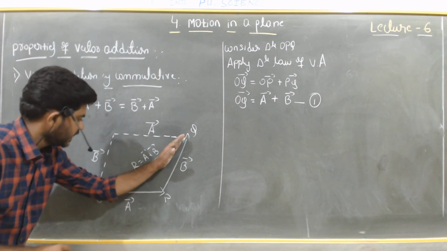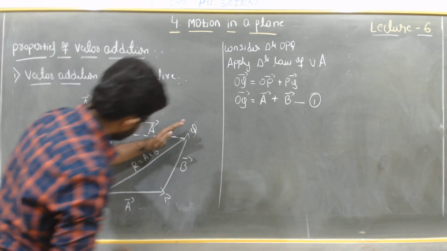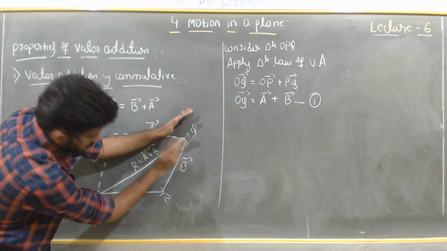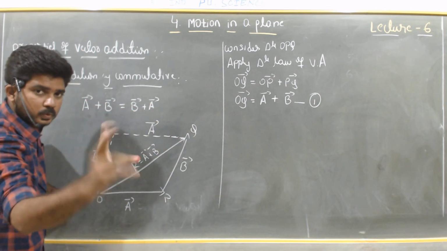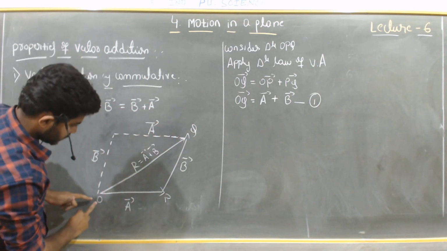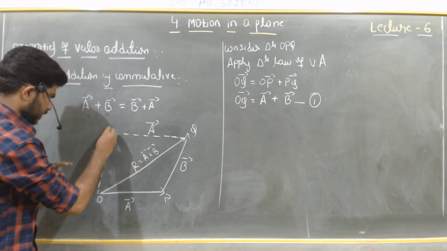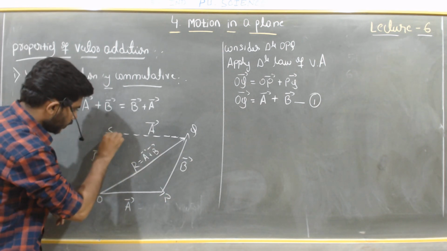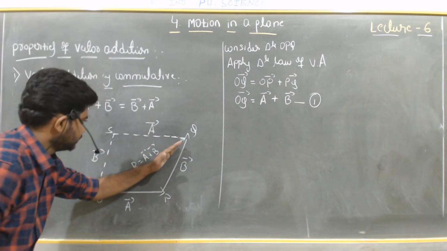Again you can see another triangle. First we have only OPQ, right? After taking a parallel line, two triangles you can see. One is OPQ, another one is OQS. I will name this point as S. OQS, right?